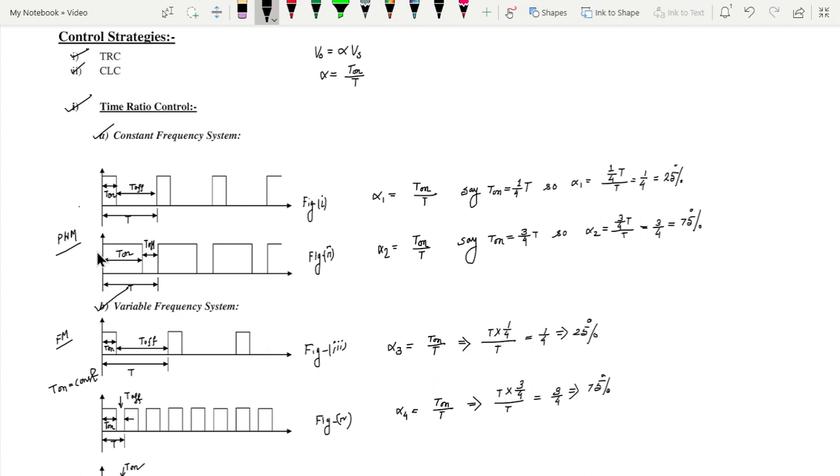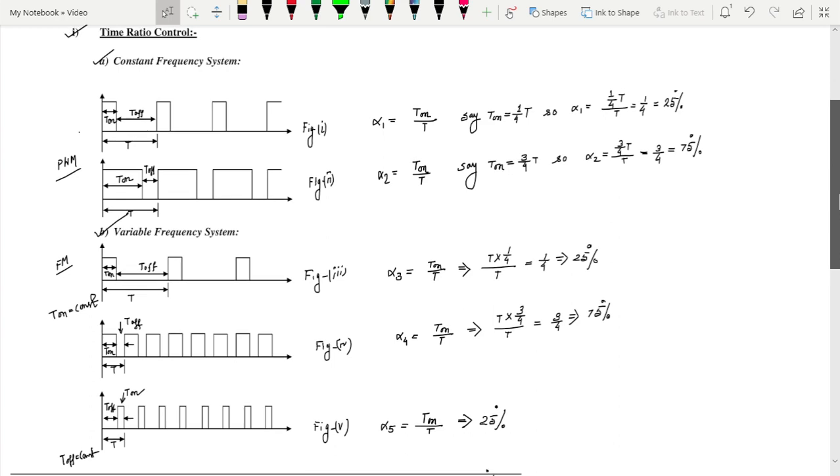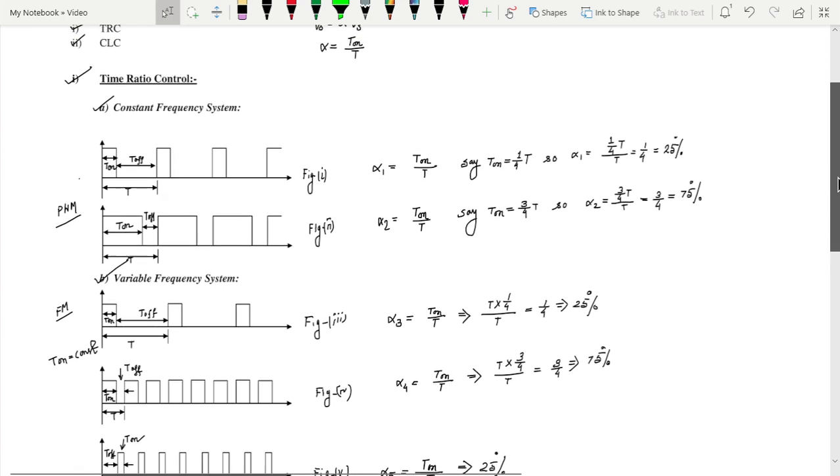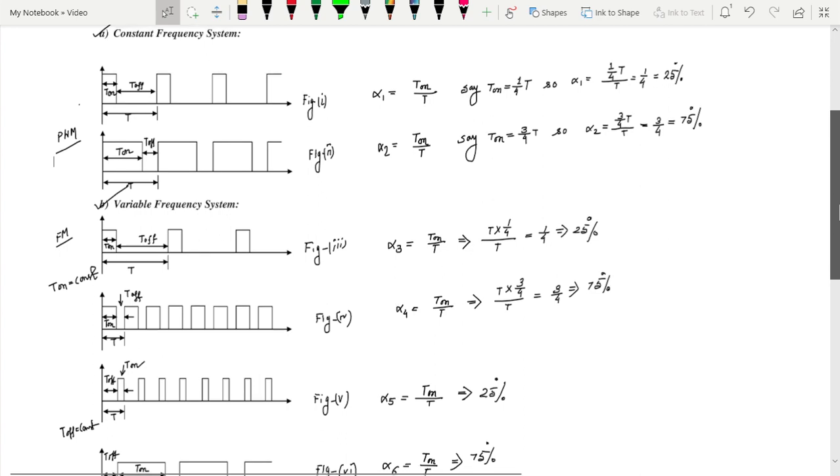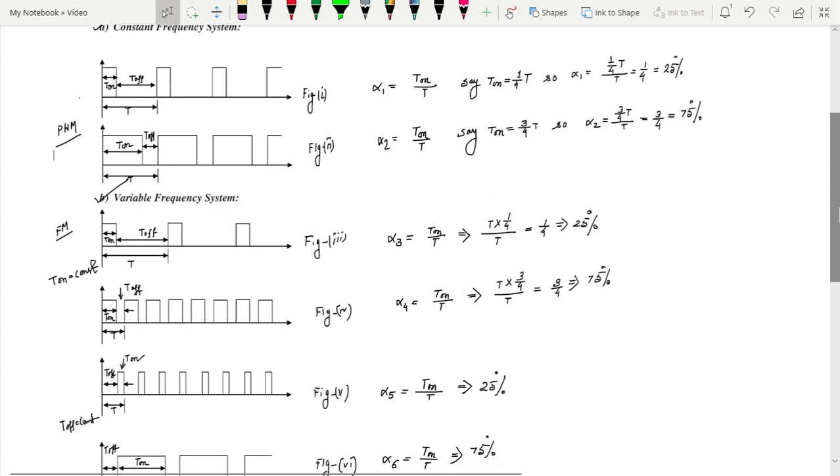Now question is which one is better? As per the theory, pulse width modulation is better. Detail I will discuss in another lecture, but for the compact question, for the time ratio control, which one is better? Pulse width modulation is better. Look at the picture. In case of pulse width modulation, we are changing the pulses, so the constant frequency will not be affected.